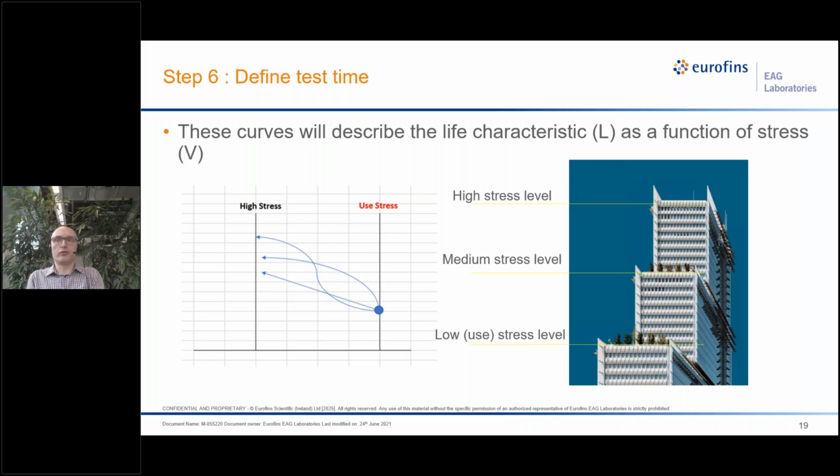Will the number of falls that the planter can survive halve if the fall height doubles, or is there another function? The correlation between the use stress level and a higher stress level is important over here.